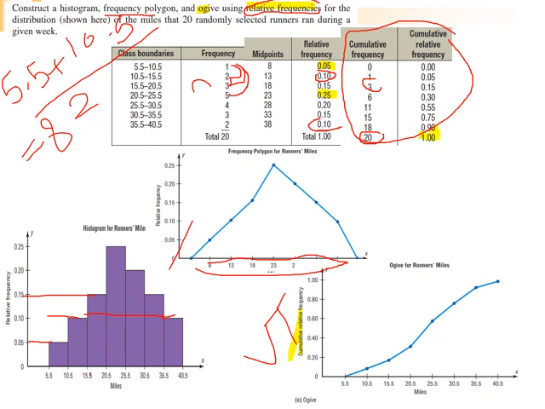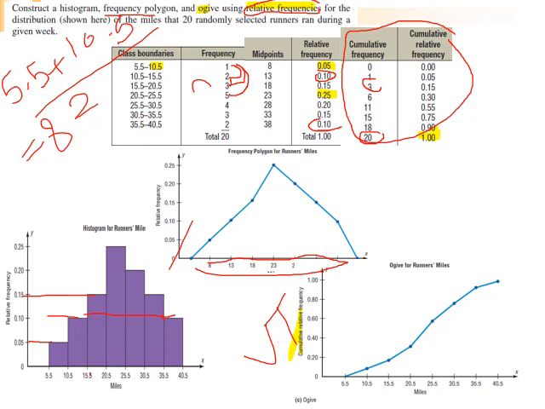For the first class from 5.5 up to 10.5, we have the value equal to 0.05. Again, we use the upper boundary to determine where we will put the value.